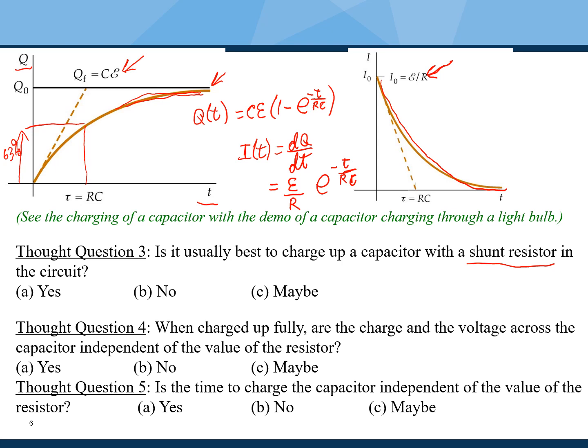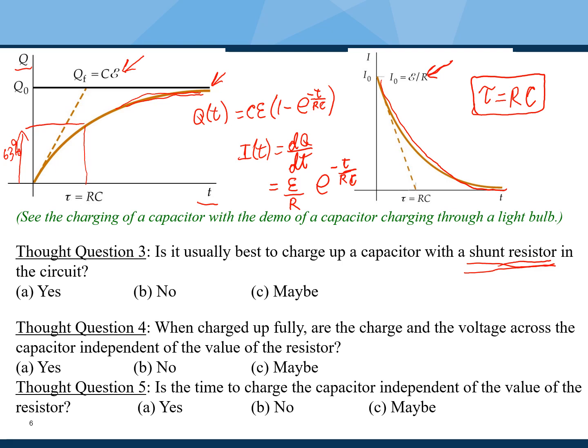So we realize that it is not optimal to charge up or discharge a capacitor without having at least some amount of resistance in that circuit, because if R is non-zero, then the time constant over which the capacitor charges or discharges is given by RC, which means it will charge and discharge only over a finite amount of time. And that's actually why we call it an RC circuit: the time constant is proportional to the resistor times the capacitor.